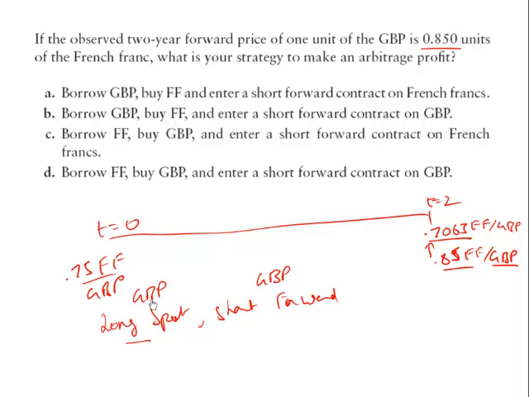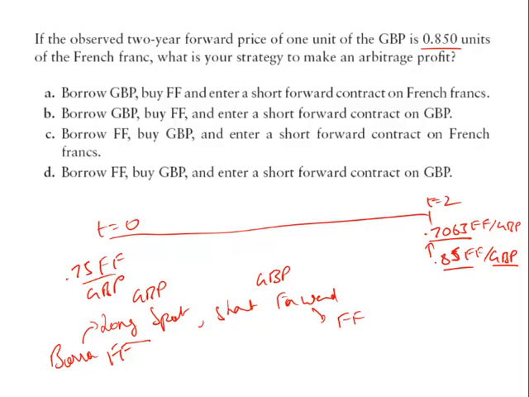But if we have to long GBP in the spot, in arbitrage we don't bring any money of our own. We will simply borrow French franc and convert it into GBP. When you sell this GBP forward, you will again get French franc. One currency can't be sold for nothing but another currency.